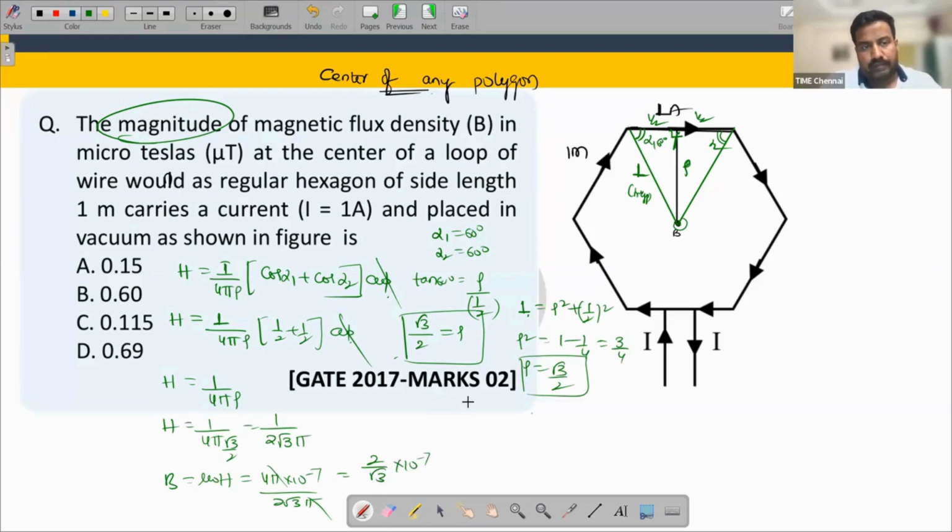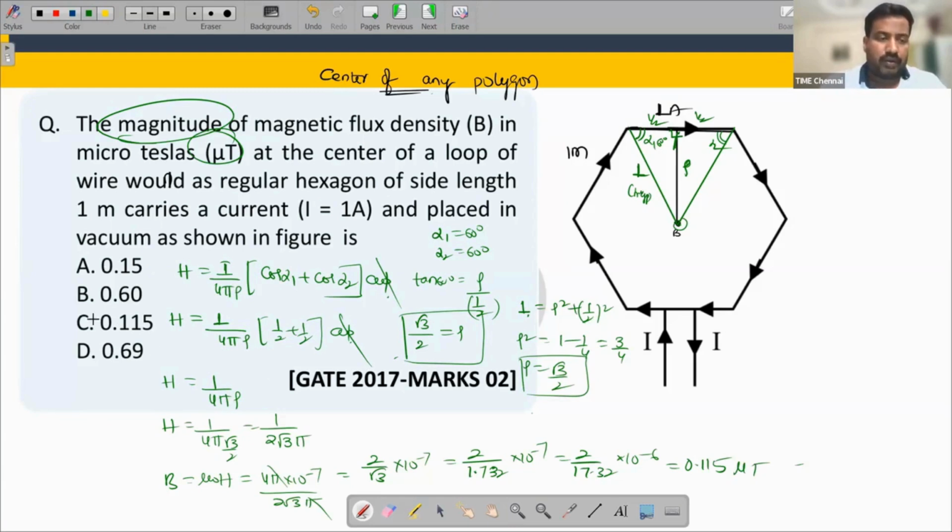I want it in micro; the answer is in micro Teslas. 2 by 1.732 into 10 power minus 7, 2 by 17.32 micro. That's 0.115 micro Tesla.